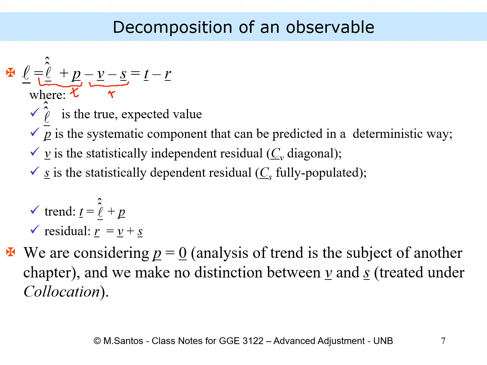Also, in our discussions, we make no difference between the statistically independent and the statistically dependent residuals. We just put them together, which means that our residuals have a fully populated covariance matrix.